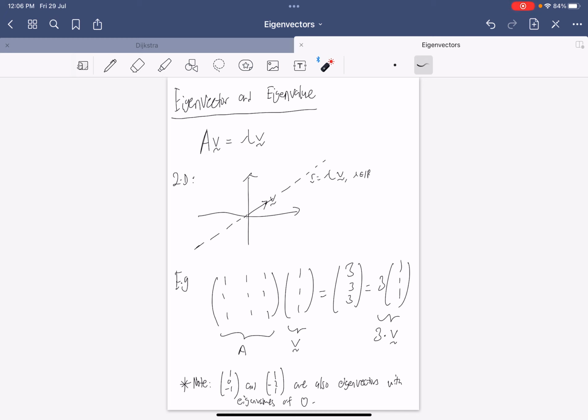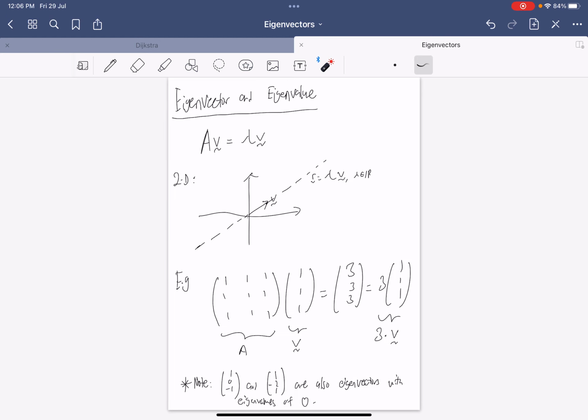You can see that the resulting vector is 3, 3, 3, which is actually 3 times 1, 1, 1. And so A times V equals 3 times V. So V is considered an eigenvector, and 3 is the eigenvalue corresponding to this eigenvector.